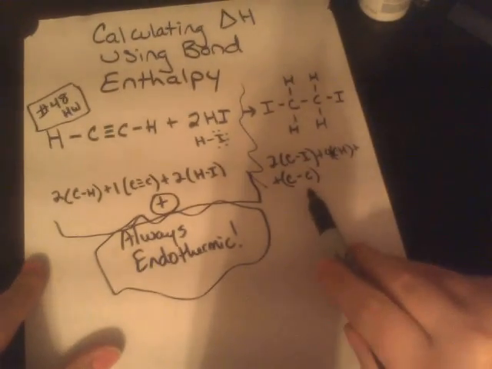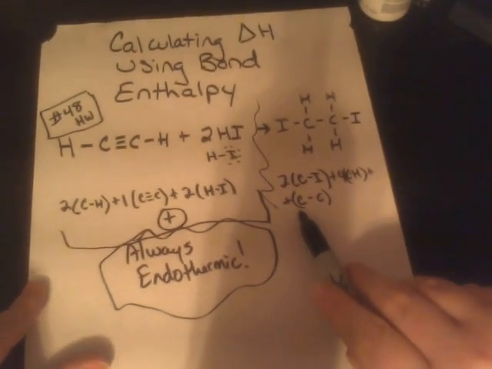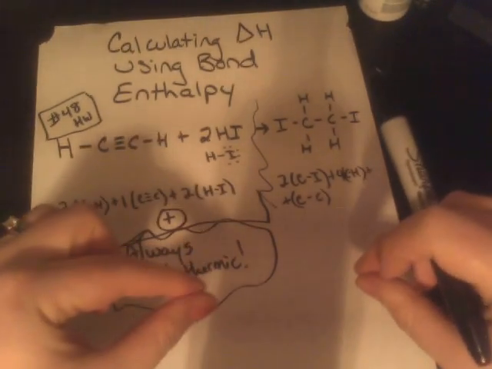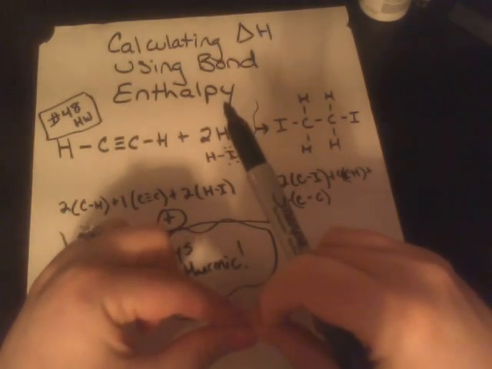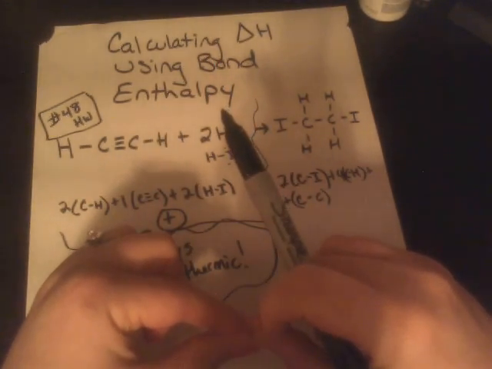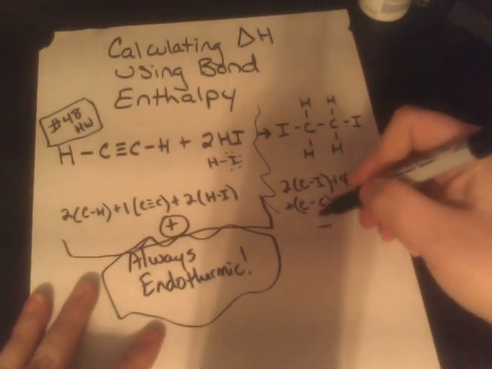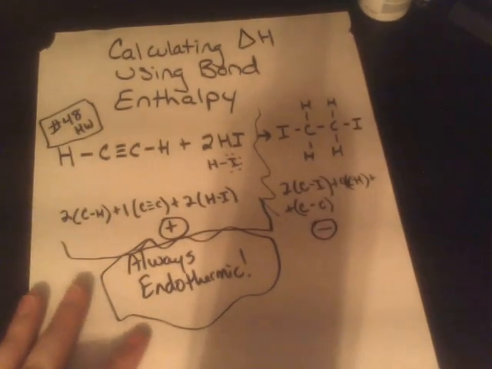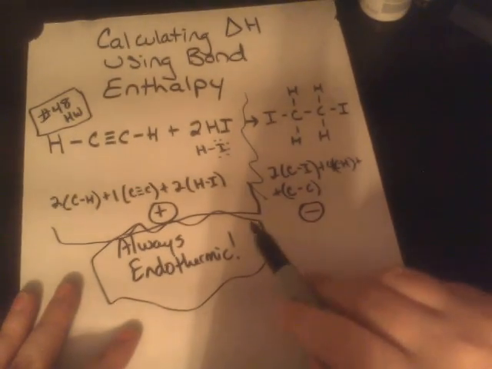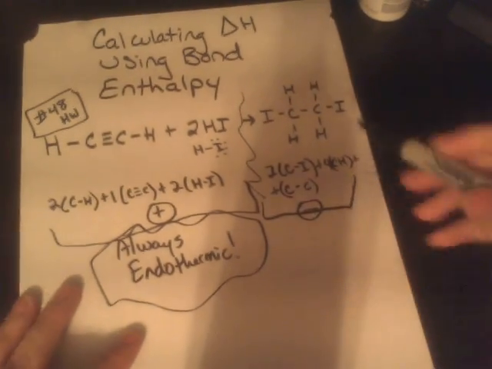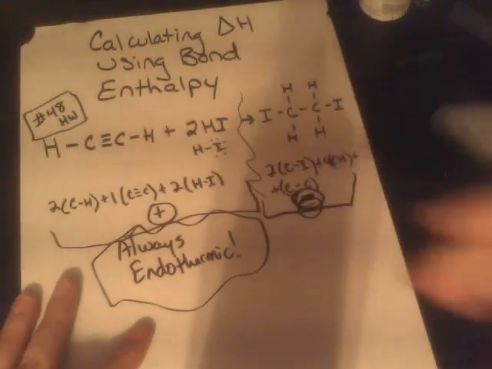On this side, I'm making bonds. I always like to go back to that example of having 2 magnets, and when you have 2 magnets and they go together, you're creating a bond, you're creating this attraction, so they give off energy. So this side is going to be exothermic, so negative. Keep in mind that you total up this side and it's going to be negative, and you total up this side and it's going to be positive.